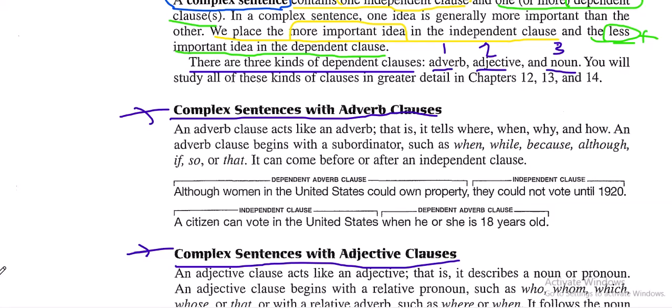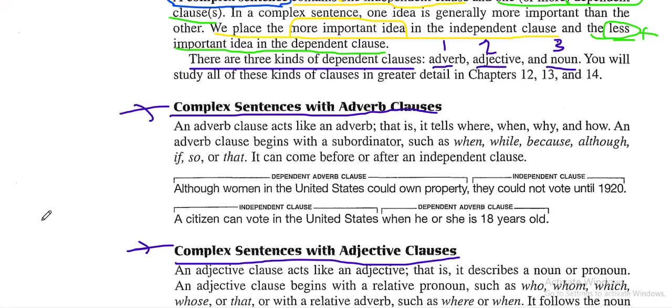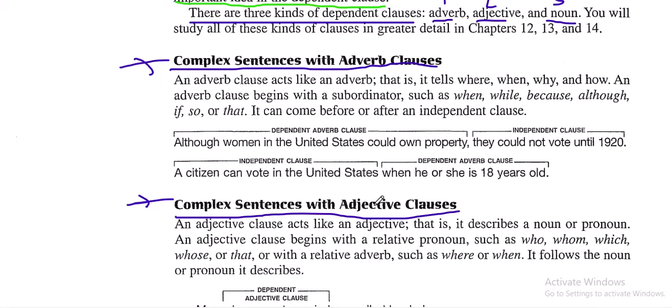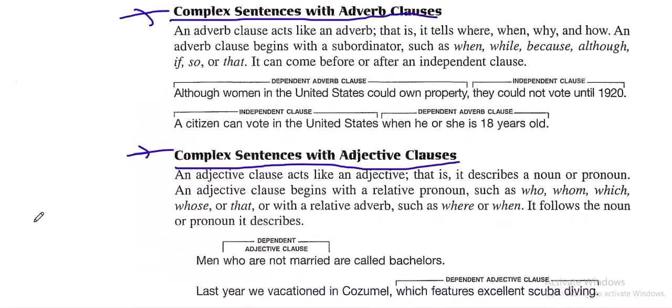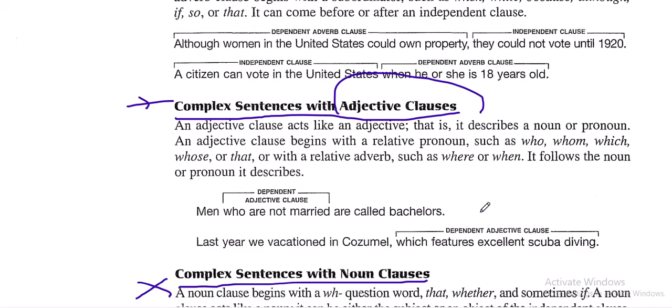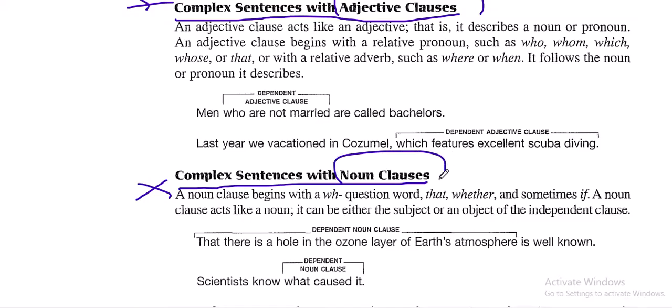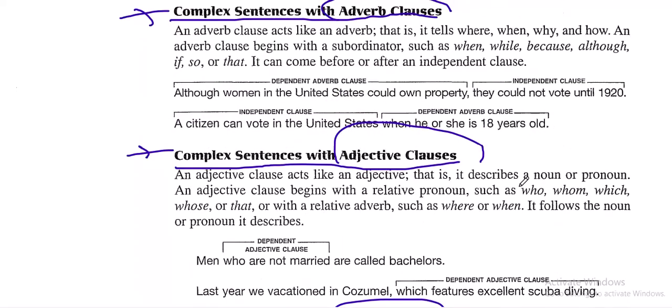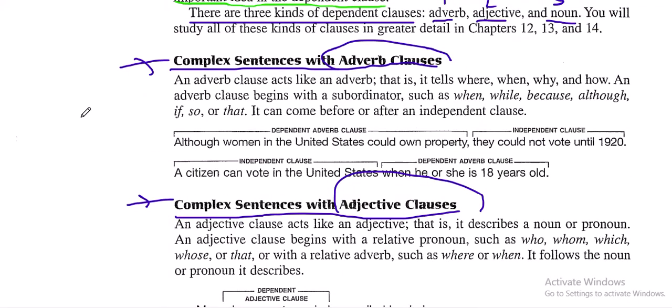Okay, before explaining these three types of complex sentences, we should know in full detail adverb clauses, adjective clauses, and noun clauses, in order to understand how we can form a complex sentence correctly.